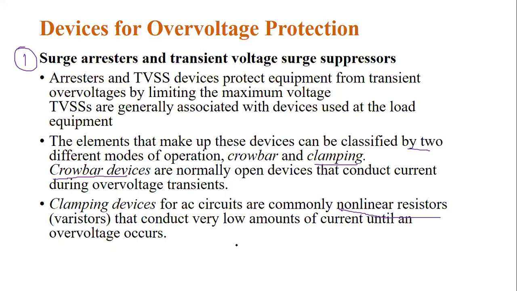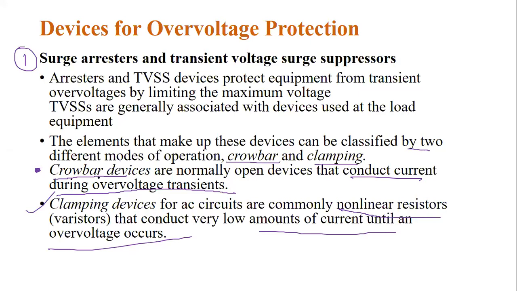So these are the clamping devices. Then what is the crowbar device? These are open devices that can conduct the current during the over voltage transients. This is the crowbar. So the total elements in the surge arrester and transient voltage suppressors can be divided into two types: crowbar as well as clamping devices.